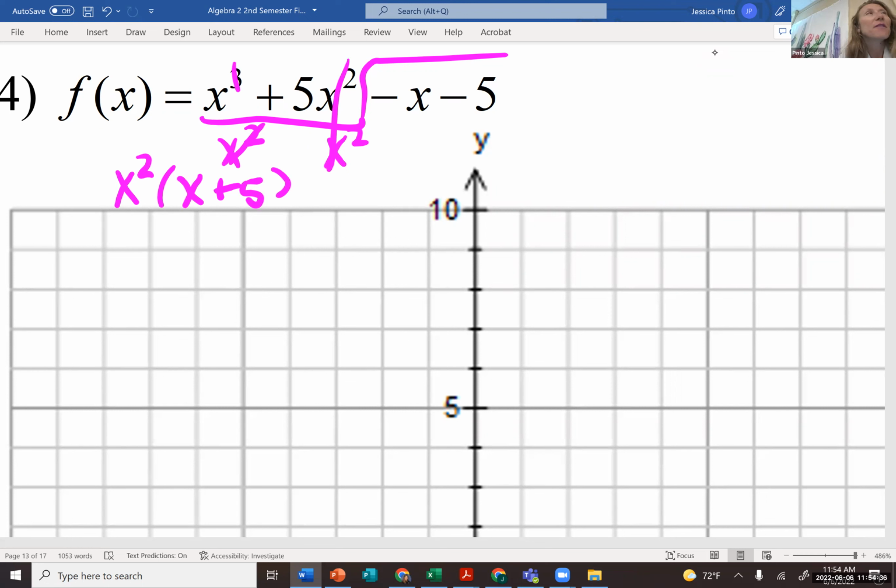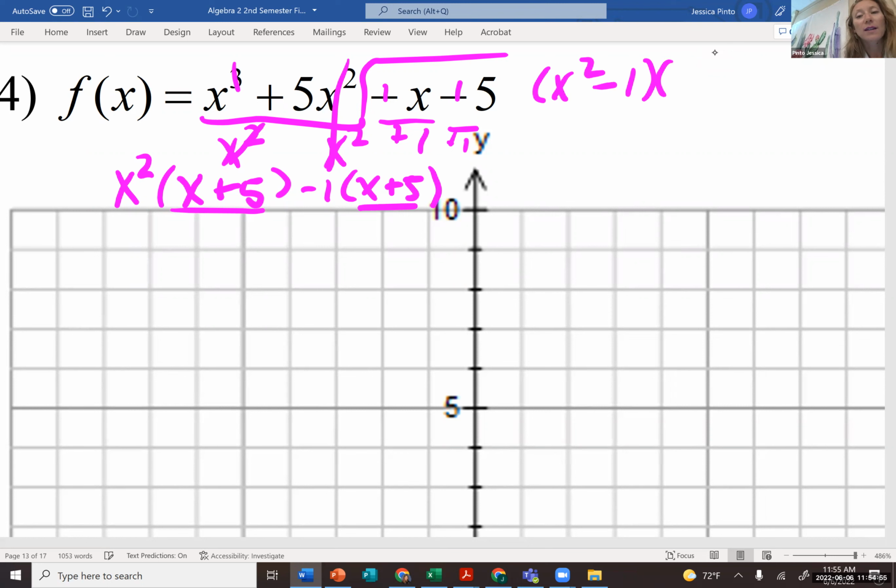Now the GCF of the last 2 terms is going to be -1. And that's going to give me x plus 5 again. So my binomials match. That's awesome. I'm going to write this as x squared minus 1 times x plus 5.